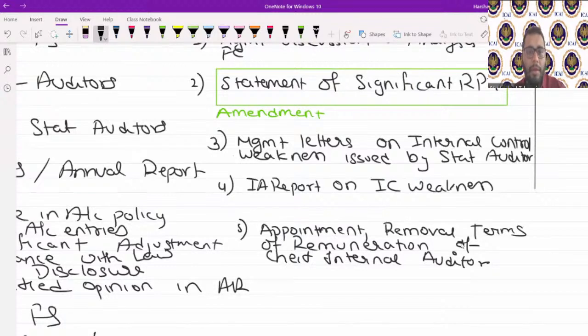Then very important, statement of deviations. Why important? Because the statement of deviation is something required to be submitted by the company, and these are the quarterly and annual statements of deviations. So these are very important ones.